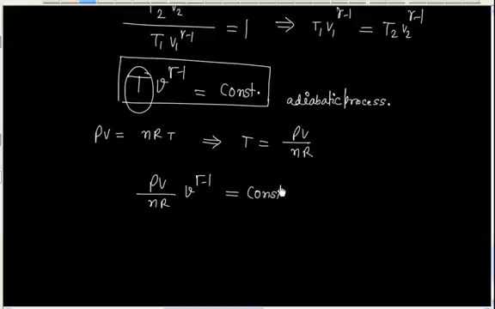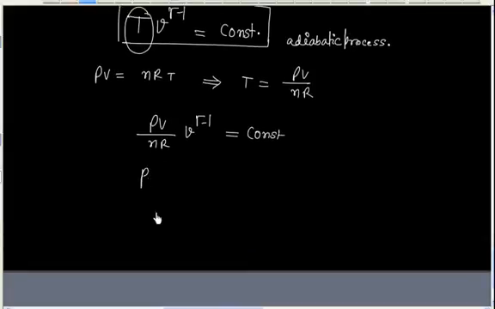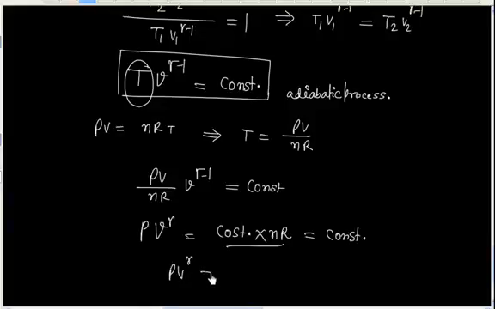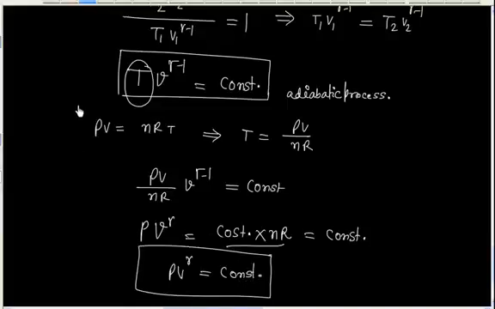So this becomes PV to the power gamma equals constant multiplied by nR. So this is another constant. So we can write PV to the power gamma equals constant as also an equation for adiabatic process. So either we can write TV to the power gamma minus 1 equals constant, or we can write PV to the power gamma equals constant.